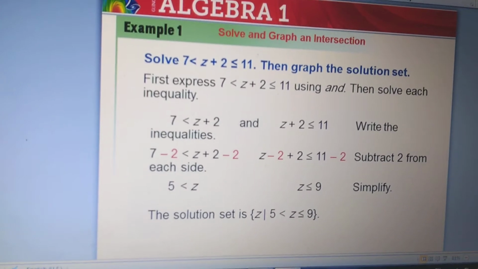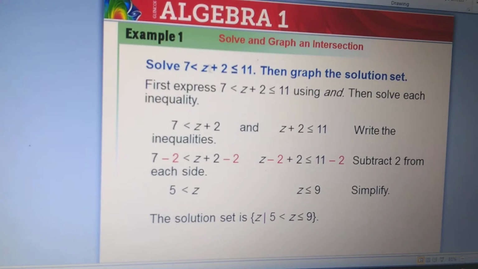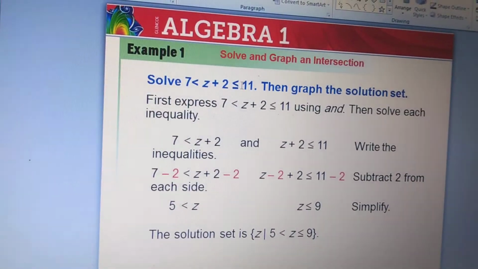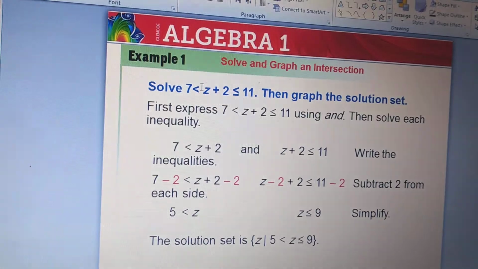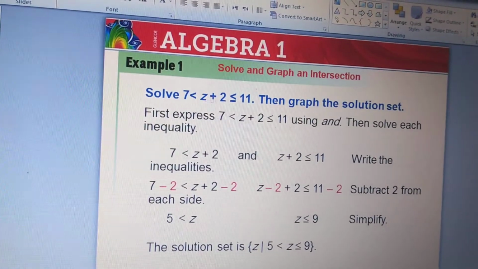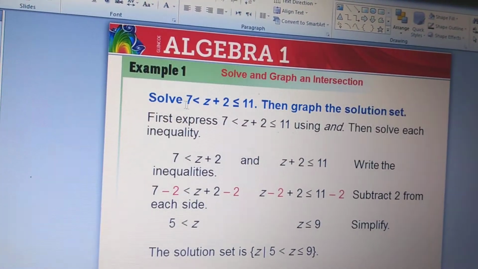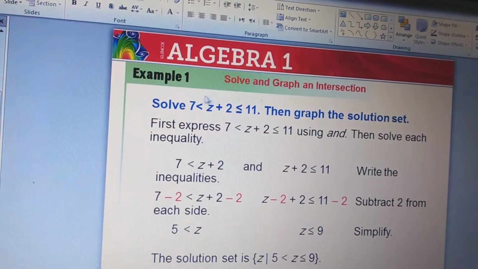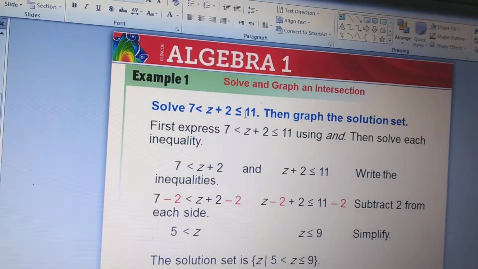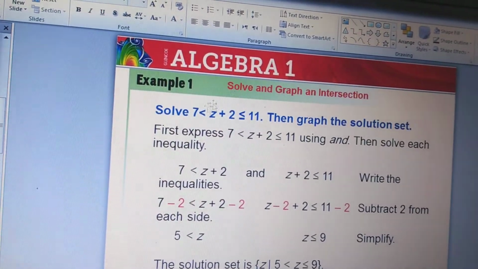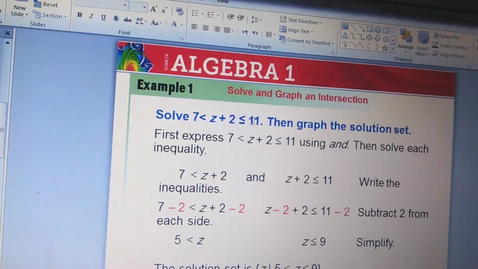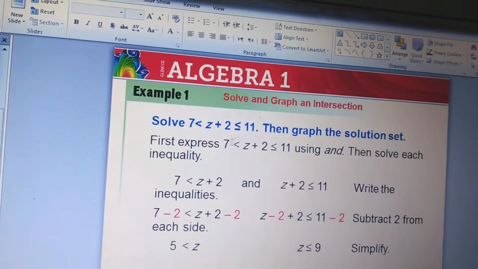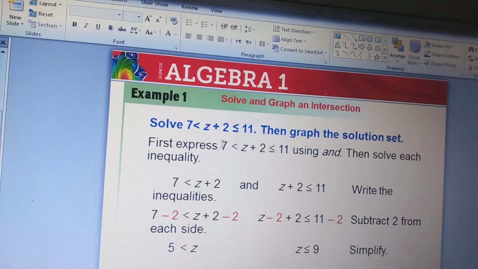Solve 7 less than z plus 2 less or equal 11. Here, as you can notice, we have three sides. z plus 2 more than 7 and z plus 2 less or equal 11. This kind of inequality is intersection. Here we can separate it, or we can make this inequality two inequalities and we can combine them using AND.